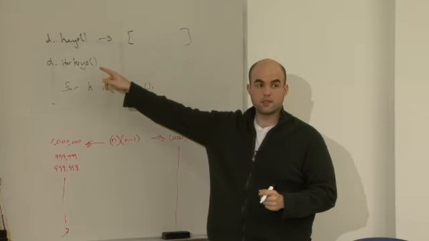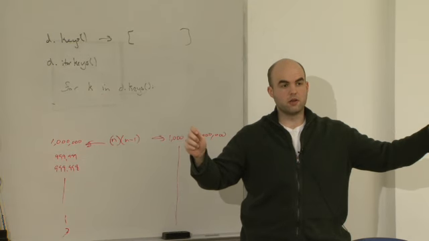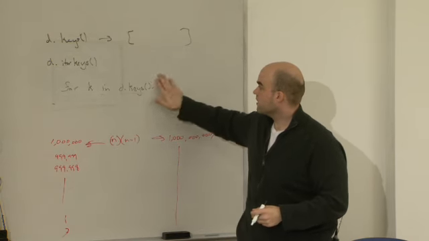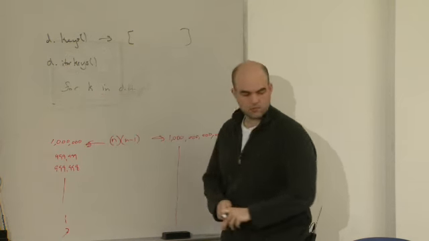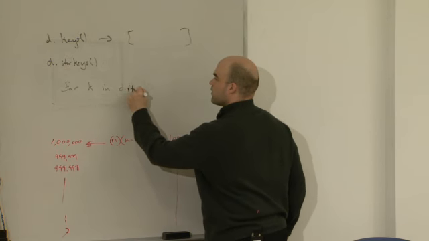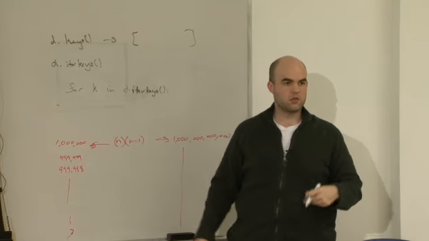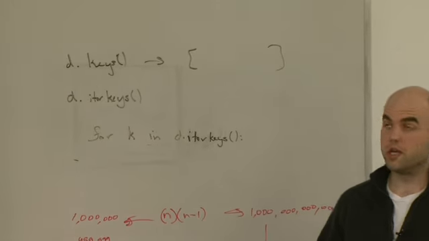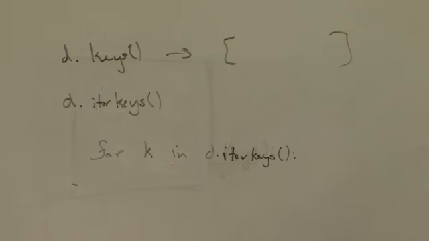What d.iterkeys does is skip that. It just gives you a generator object, which, when you use it in a for loop, is going to just yield the key one at a time without creating a separate list. That makes sense? It would be more efficient. Yeah, it's generally more efficient.